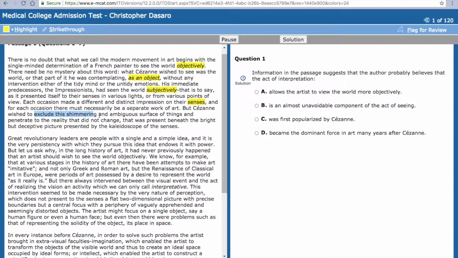C wanted to exclude any fluff that was going on in the art world and really get down to the nitty-gritty objectivity. That seems to be the direction the passage is going in. "That was present beneath the bright but deceptive picture presented by the kaleidoscope of senses." So here we go again.